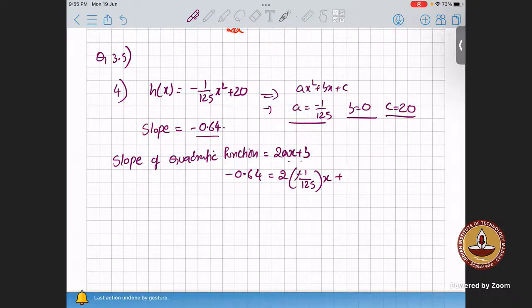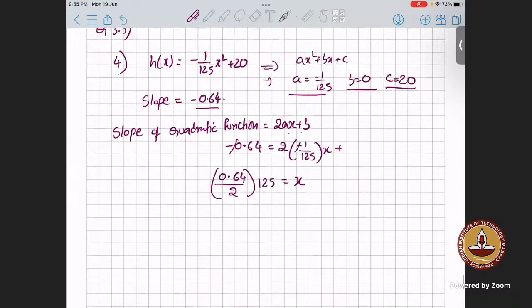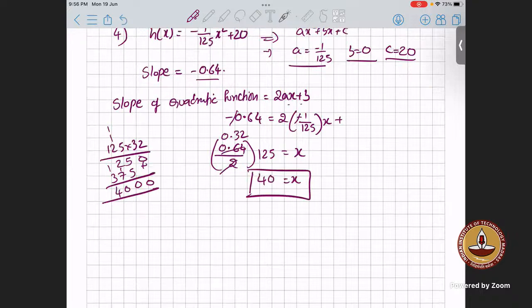Minus cancels. So 0.64 divided by 2 into 125 equals x. Let me check my calculation: x equal to 40. Yes, 40.